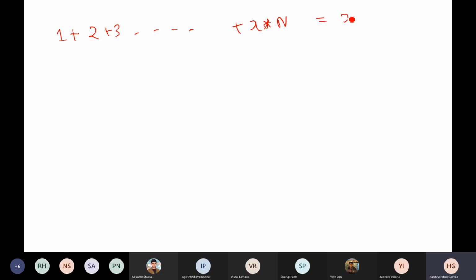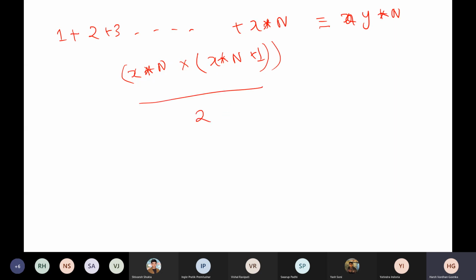The sum must be equivalent to a multiple of n. The summation comes out to be x into n into (x into n plus 1) by 2. So when will it be a multiple of n?